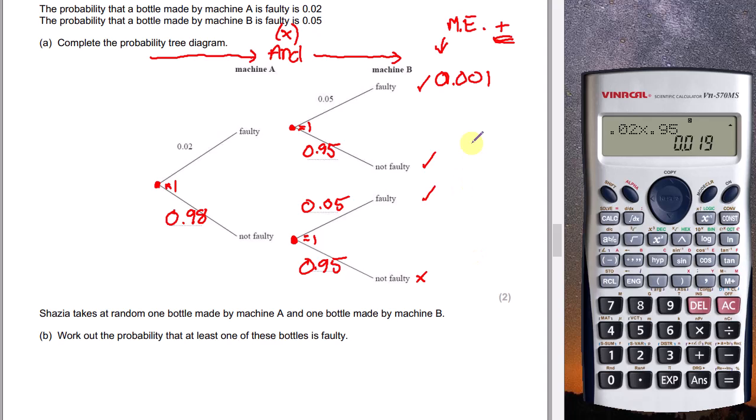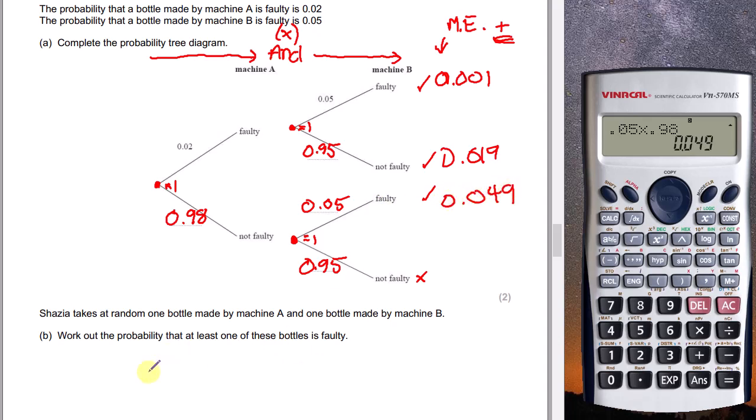And that gives me 0.019. 0.001 plus 0.019 gives me 0.02, so that actually worked out. Going the other way, 0.98 times 0.05 gives me a probability of 0.049.